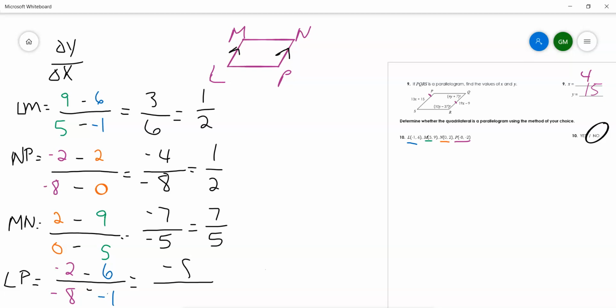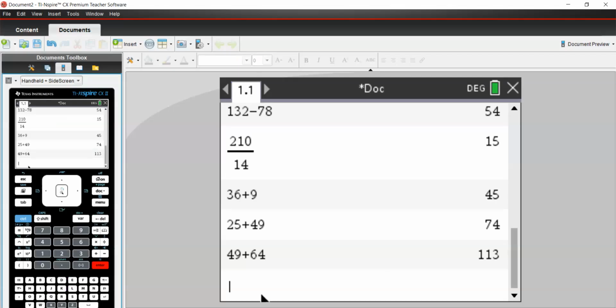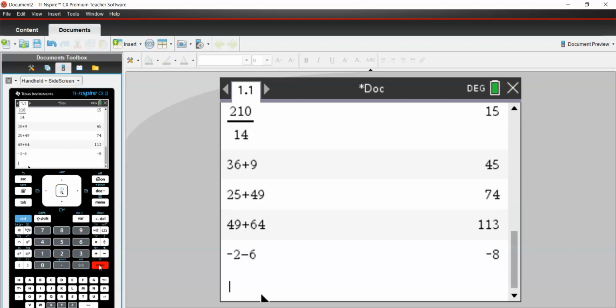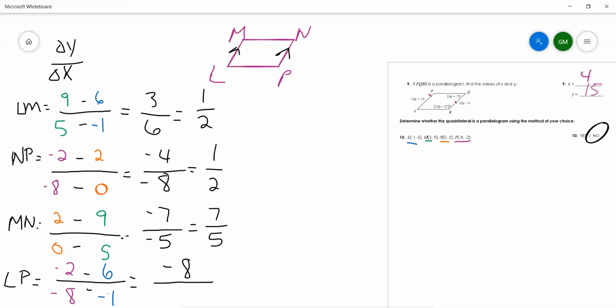Feels weird. Is that right? Okay. And then our other is -8 minus -1. Oh, that should give me -7. So that gives me 8 over 7. So these two are not parallel. So this is not a parallelogram.